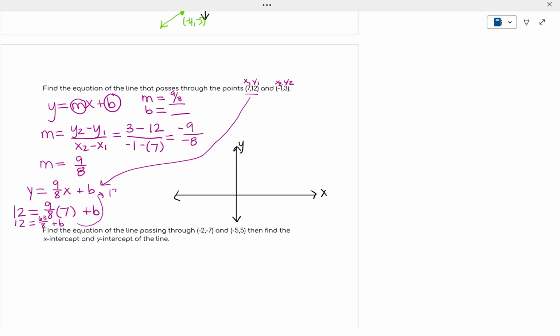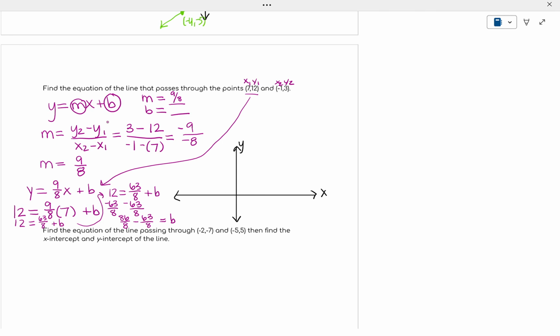So this becomes 12 equals 63 over 8 plus b. And we want to subtract 63 over 8 to get b by itself. All right, so 12 times 8 is 96 over 8 minus 63 over 8 equals b.